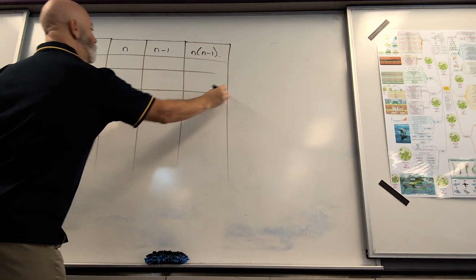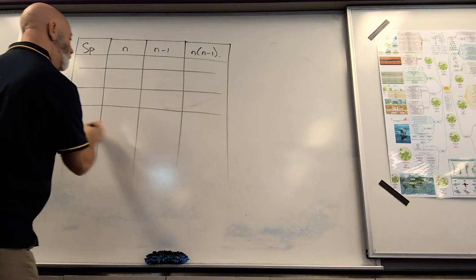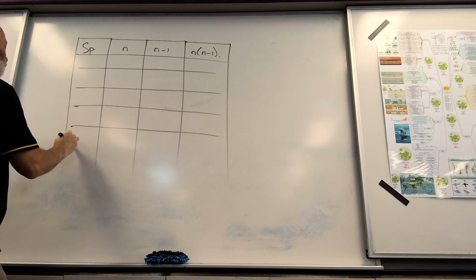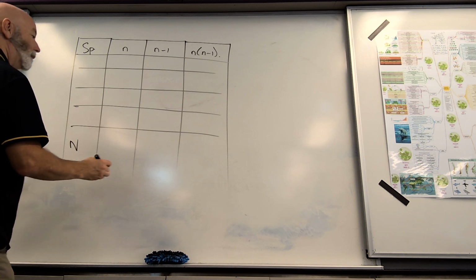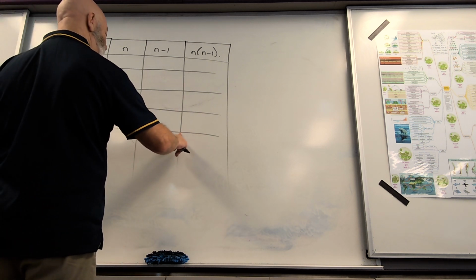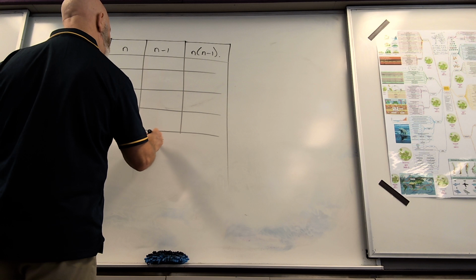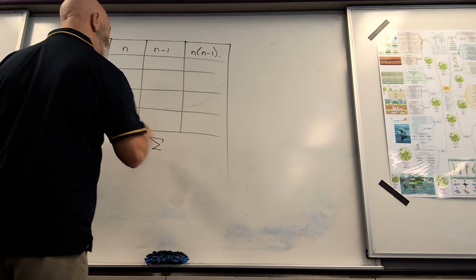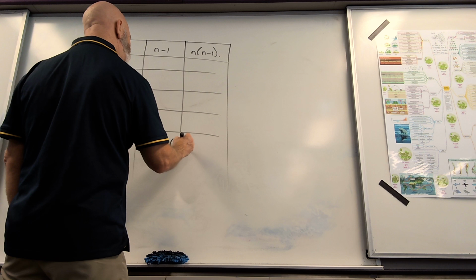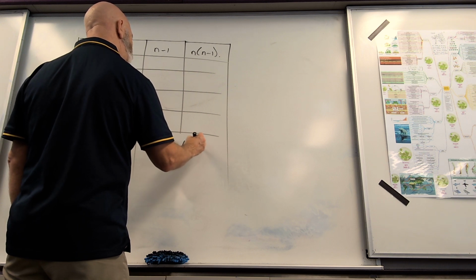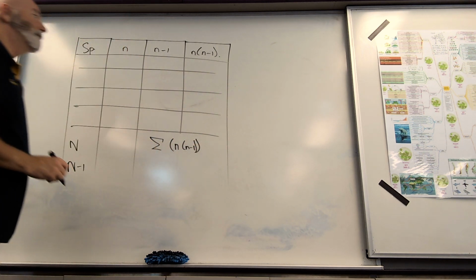Here we'll do big N and big N minus 1, and then here a total of n times n minus 1.